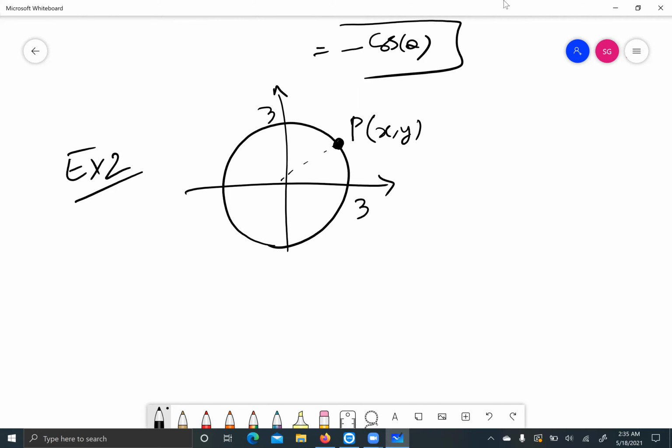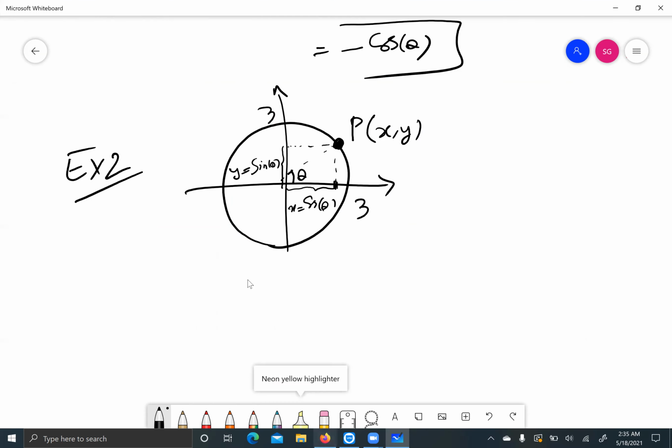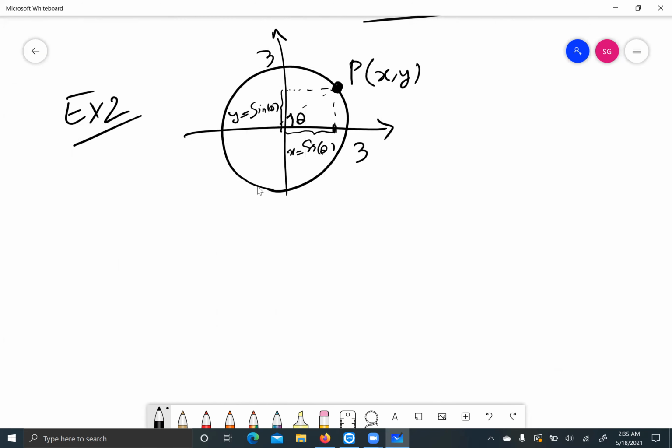Just recall that the x value is cosine of theta, and the y value is the sine of theta. The question says sketch a graph of the y-coordinate. Y-coordinate is sine, so I need to sketch the graph of sine.